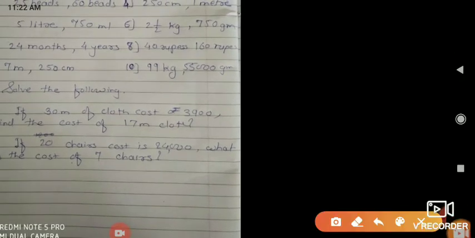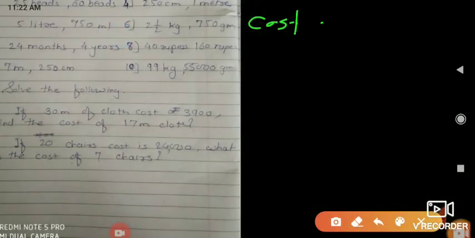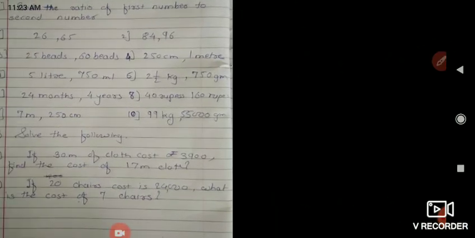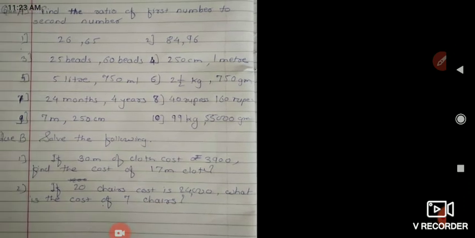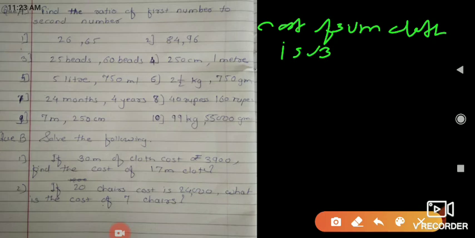Cost of 30 meter cloth is how much? 3,900 rupees.